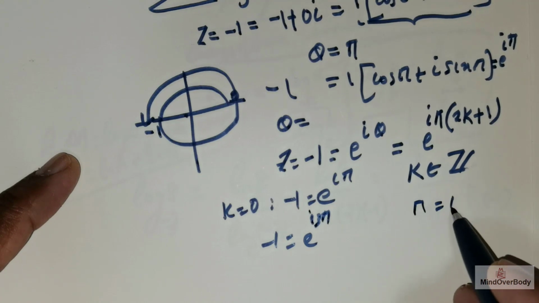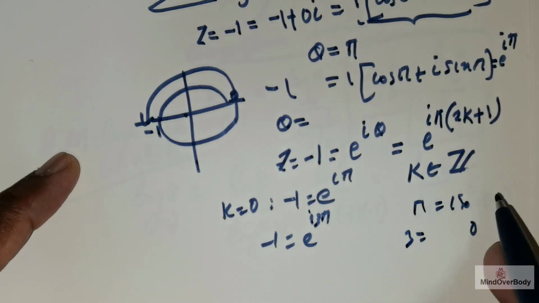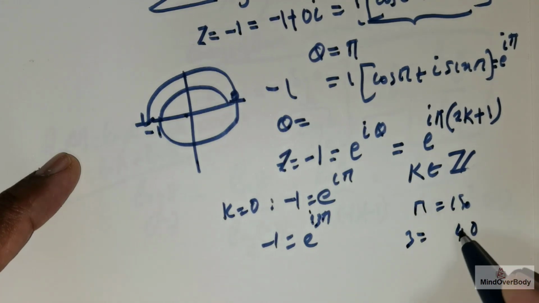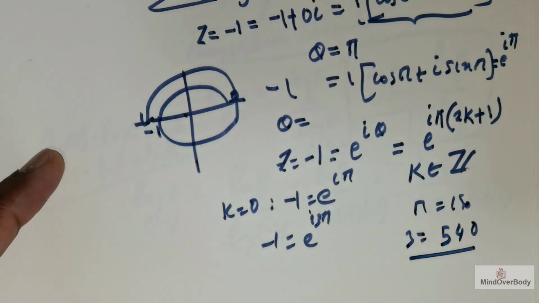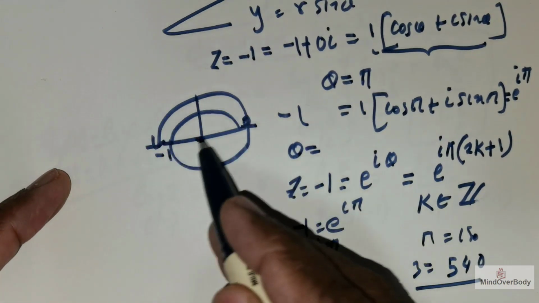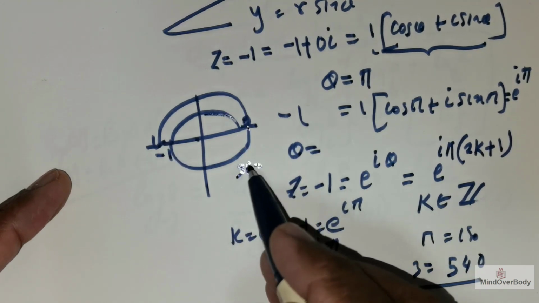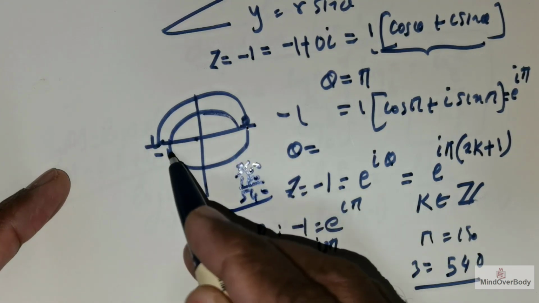My pi is 180 degrees; if I multiply by 3, this is going to be 540. So 540 means one complete rotation of 360 plus 180. That is exactly what I was talking to you about.